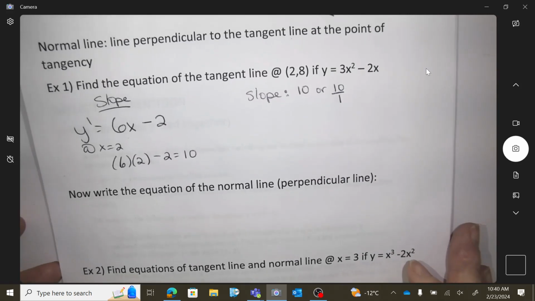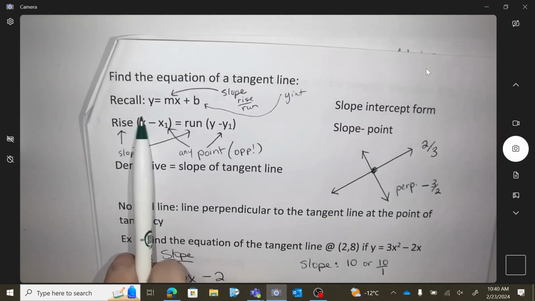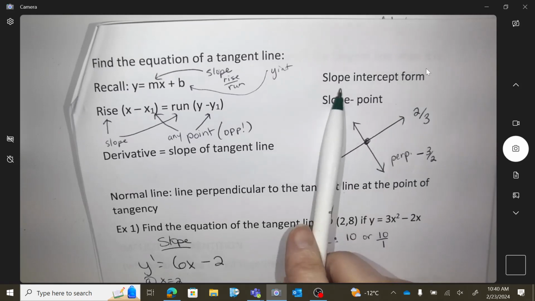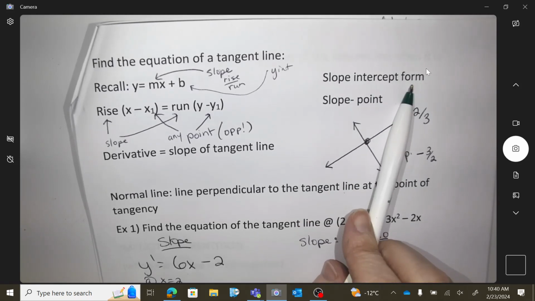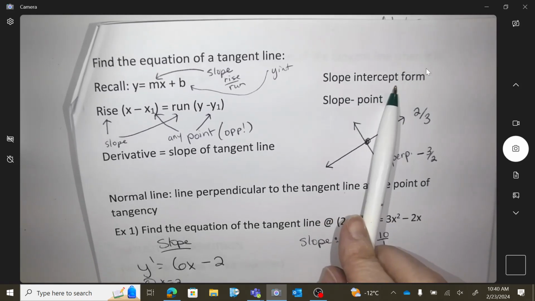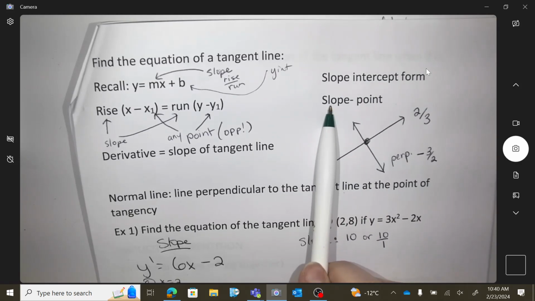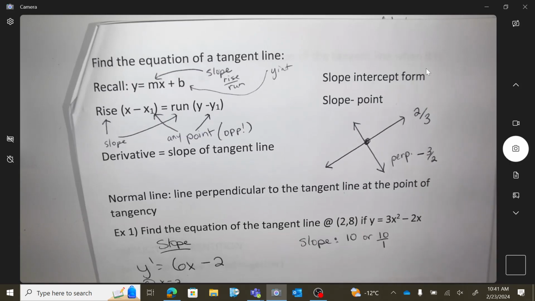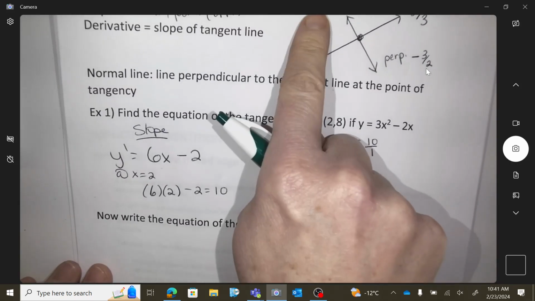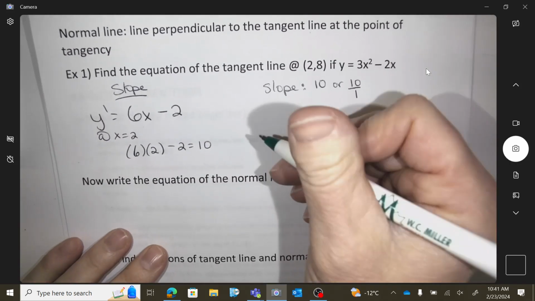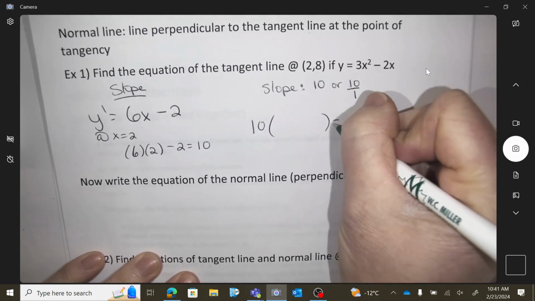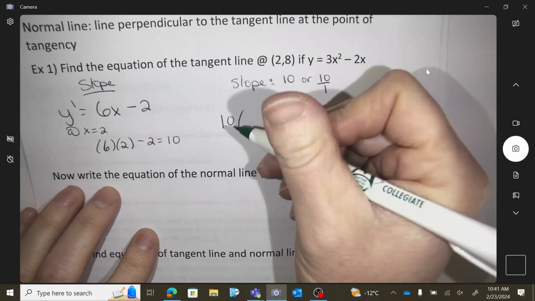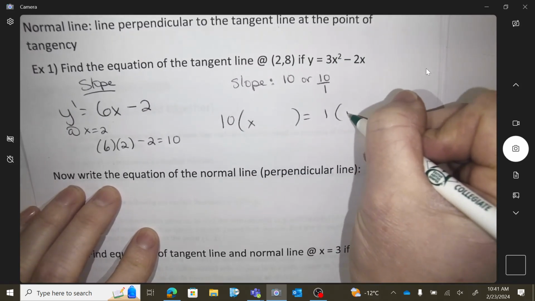Okay, what form do you want to go with? Would you go with slope-intercept form? The reason I would use slope-intercept form is because I knew the slope and the y-intercept. Or do you want to do slope-point form because you know slope and a point? Slope and a point. So 10 brackets, 1 brackets. There was an x here, there was a y here.